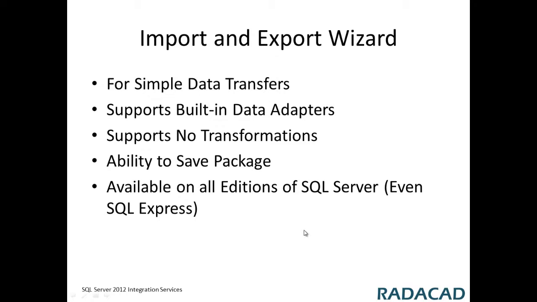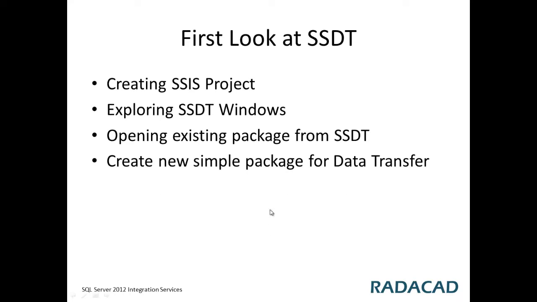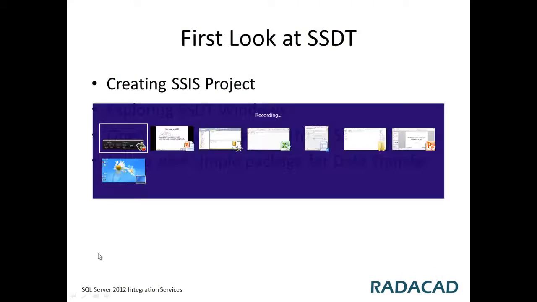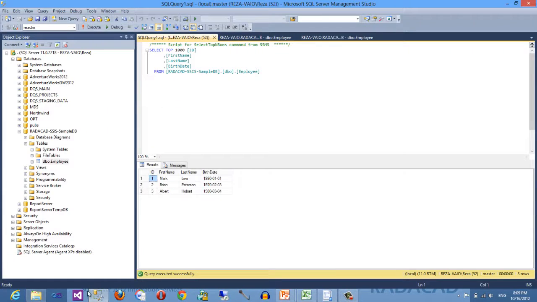For the next part, I'm talking about SSDT. Let's talk about SSDT. SSDT stands for SQL Server Data Tools, and these are tools for developing SQL Server Integration Services packages.